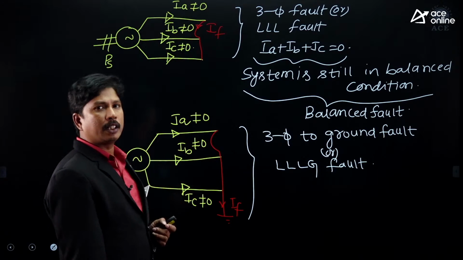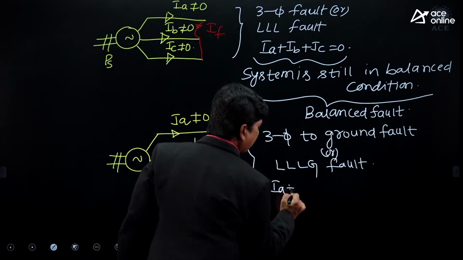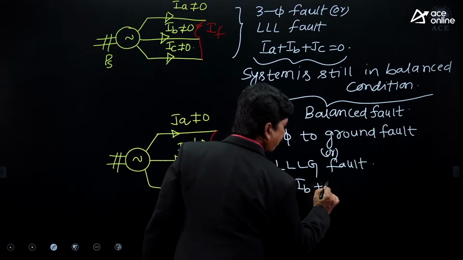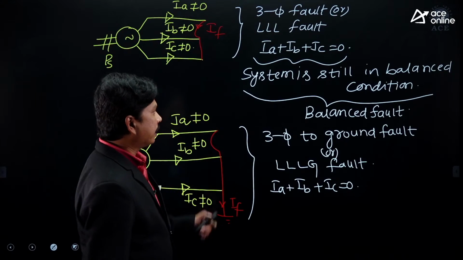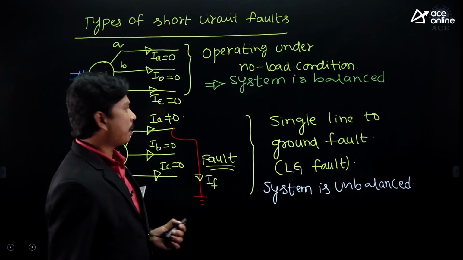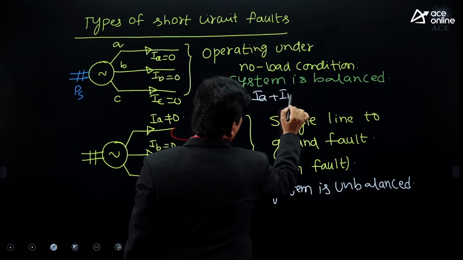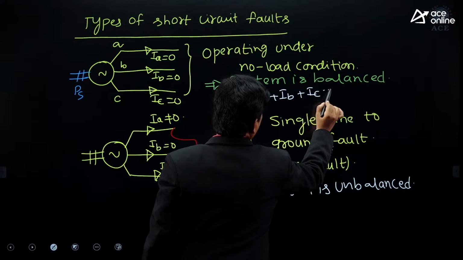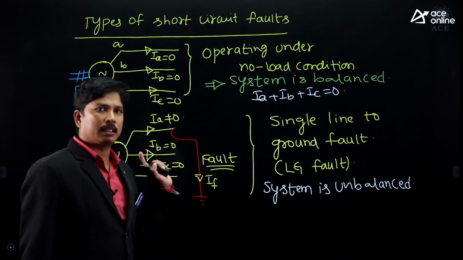Here also, as all the three phases are involved in the fault, the fault current will be equally divided among them, so we have IA plus IB plus IC equivalent to 0, as in the condition of the no load system. That is why we call that system a balanced system.